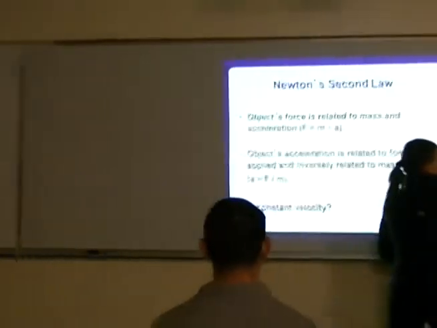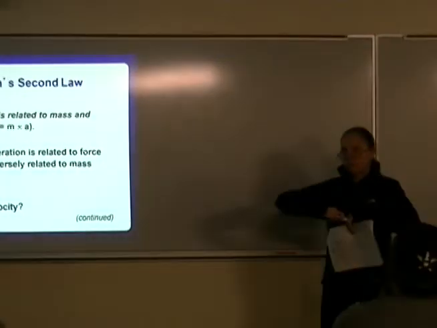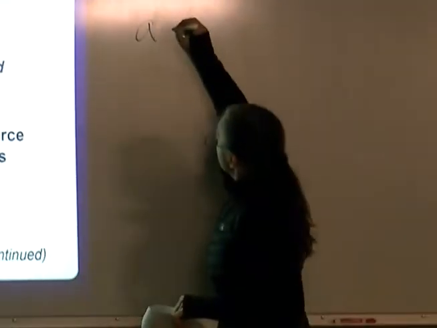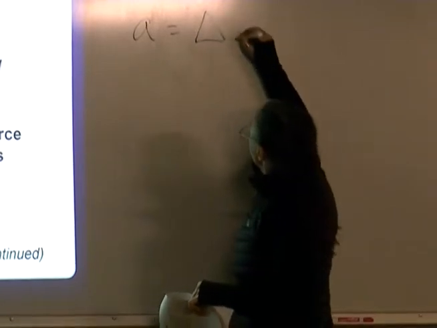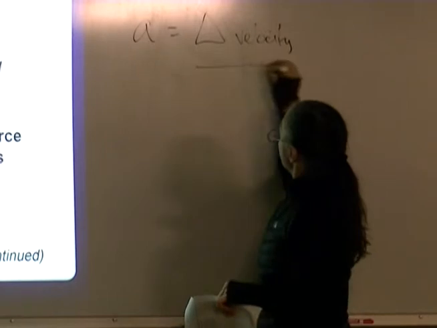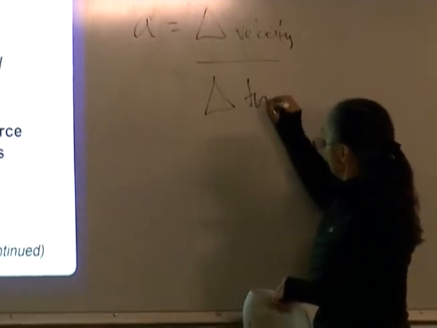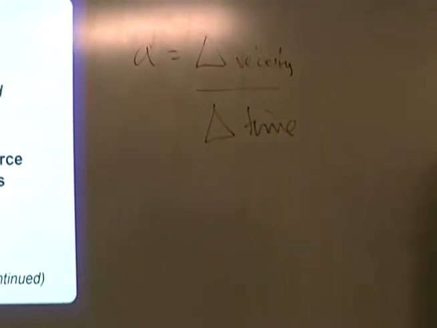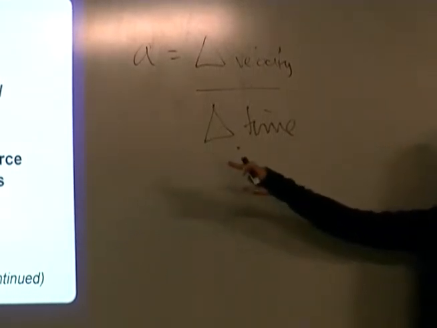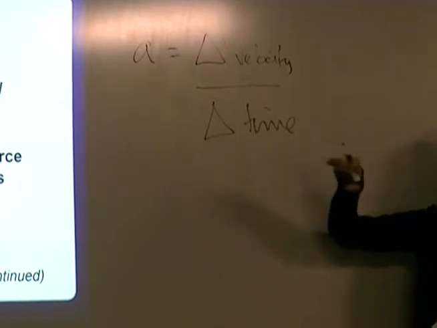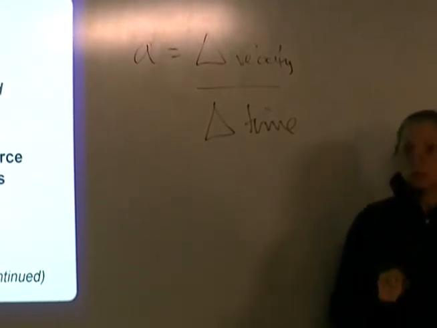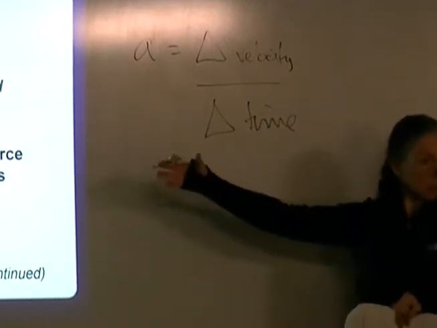Okay. Let's do it visually because it's easier. If A equals the change in velocity over the change in time, and velocity is constant, like if I'm on the treadmill and it's set at 6 miles an hour, there's no change in velocity.